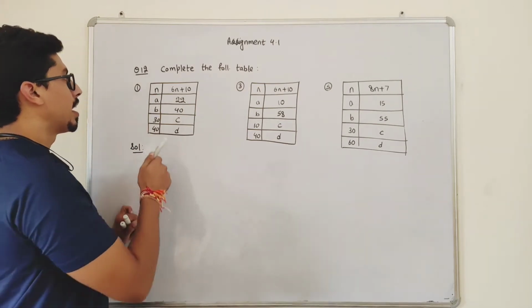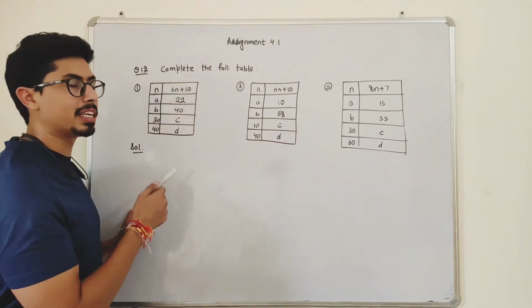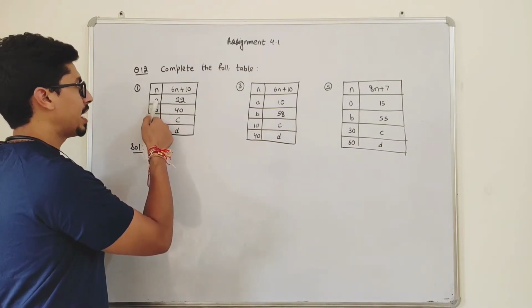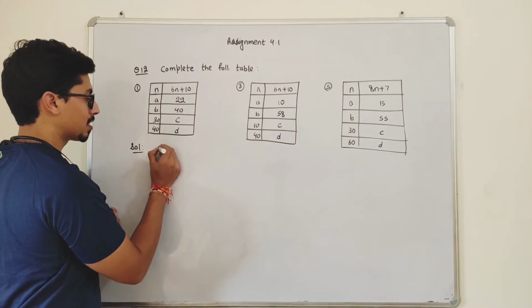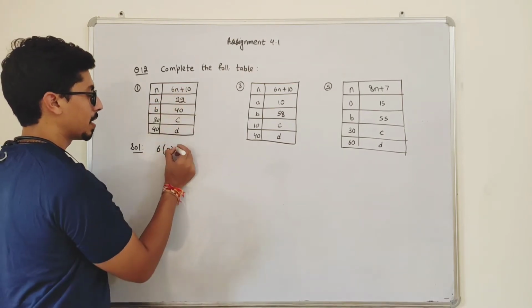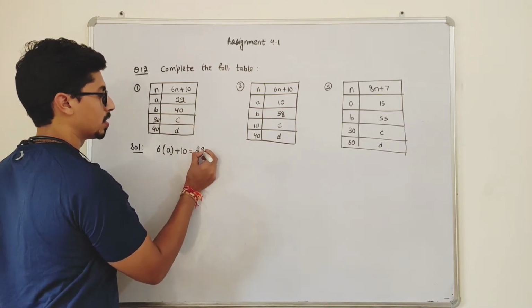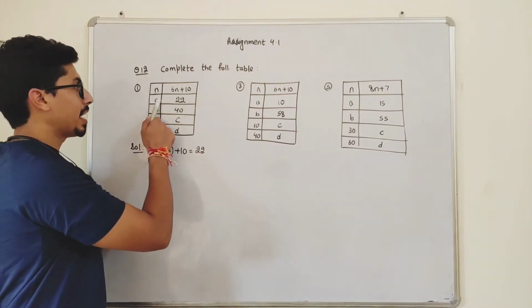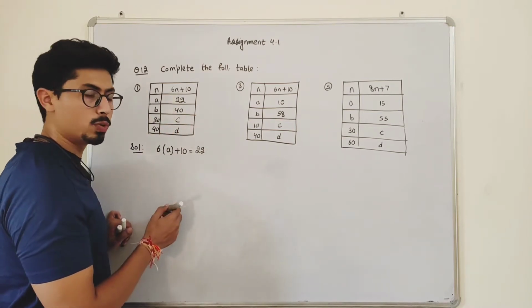Here we have n and 6n plus 10. If I take a in place of n, then 6a plus 10 is equal to 22.